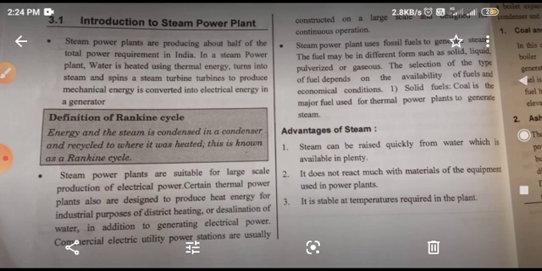Then what is to be done with this steam generator, that we are going to study in this unit, that is steam and gas power plant.